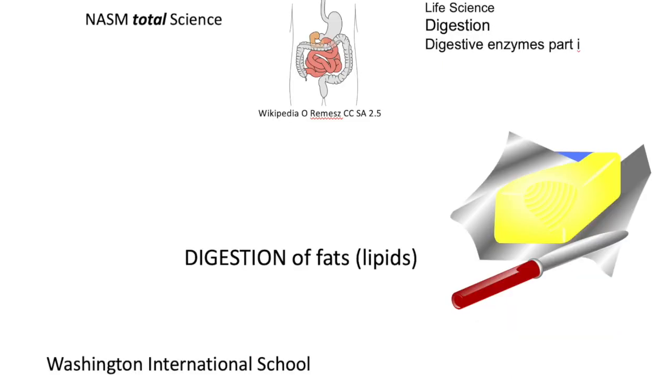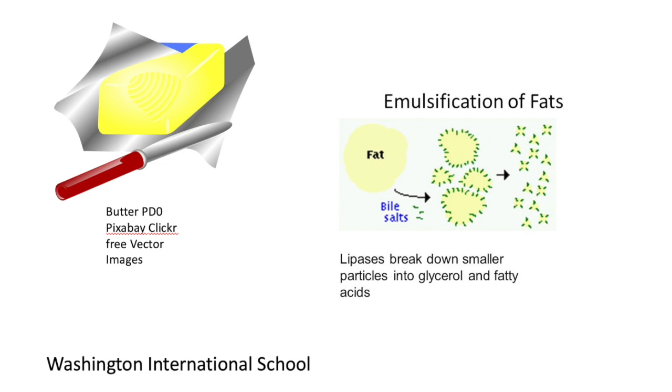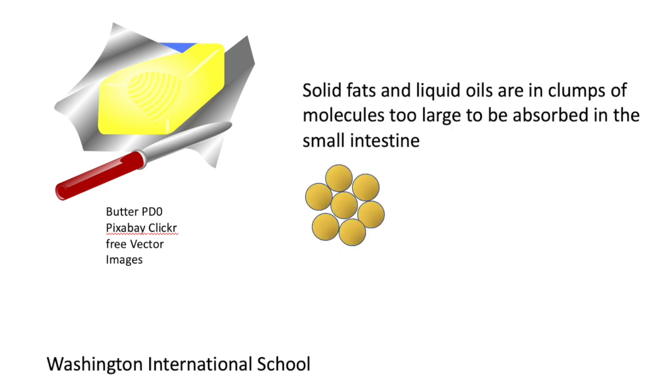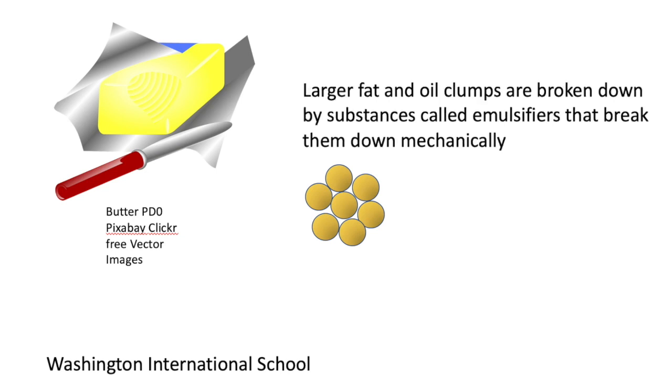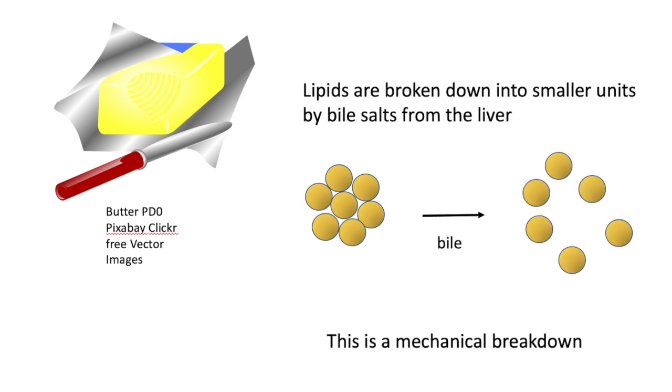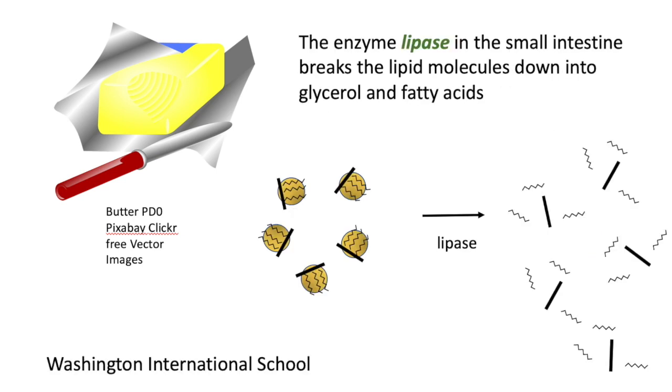Now lipids, fats, they're going to be emulsified. A large globule clump of fat needs to be broken down mechanically by emulsifiers from the bile salts into these smaller globules, but then it needs another enzyme, lipase, in the small intestine to break the food molecule down.